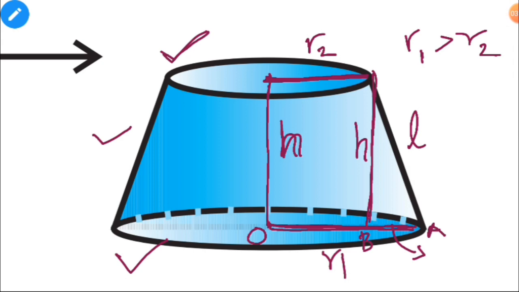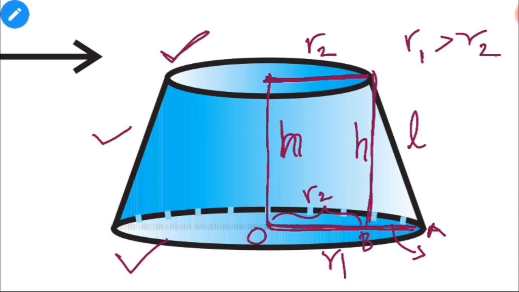Here OA equals R1. The length of OA equals R1. And what is the length of OB? OB will be R2. Here it is a rectangle, so opposite sides of a rectangle are equal. So OB is R2 and OA is R1. OA is the radius of the bigger circle. Then what is the length of AB?